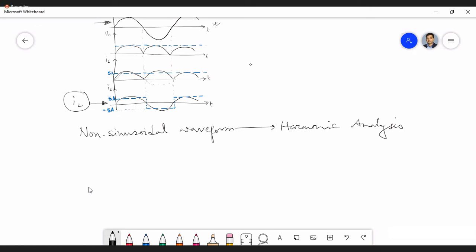By this sinusoidal approach we can analyze the effect of the harmonics on the performance of the device, like if it is a motor, how these harmonics, how these other sinusoidals will behave.